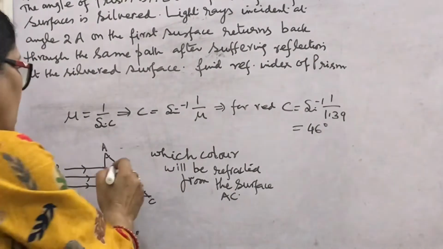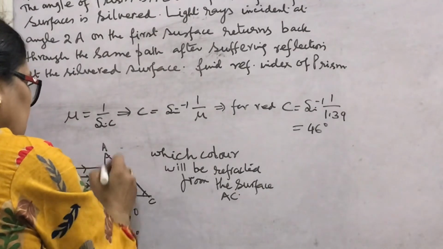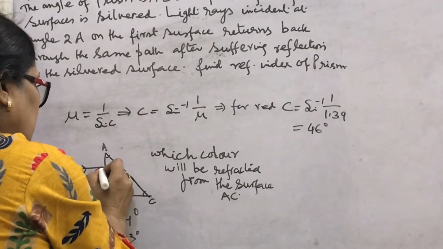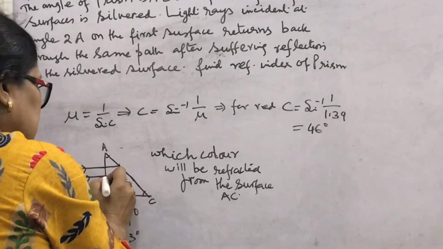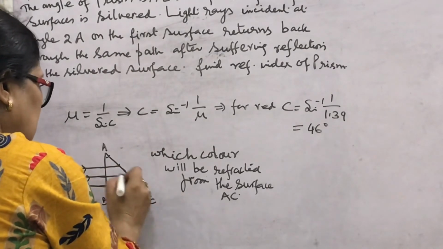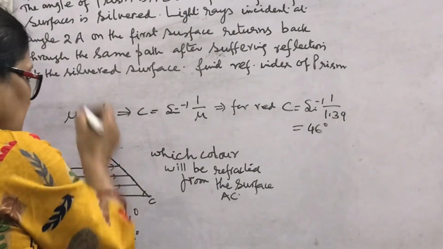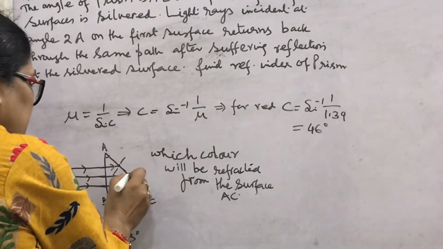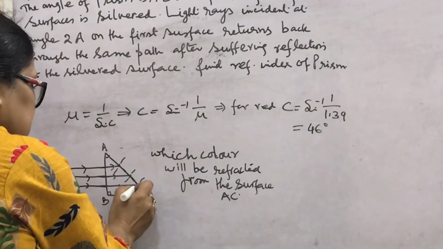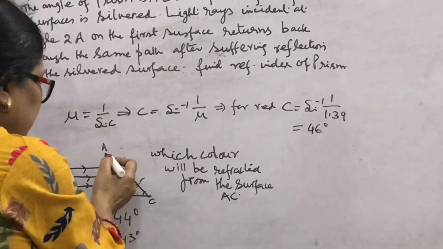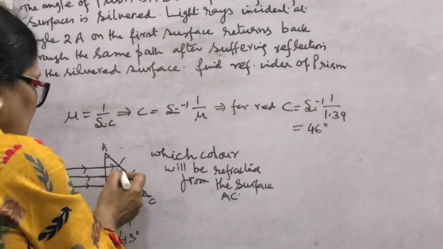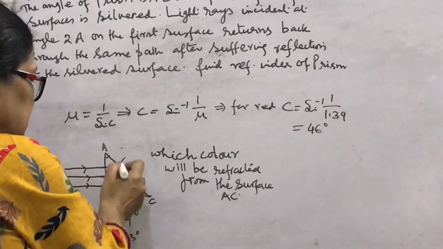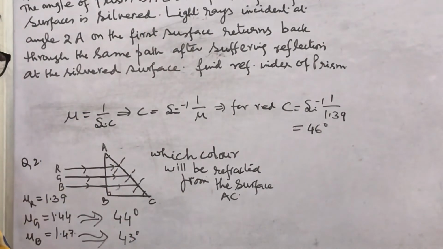Now what happens? All the rays are normal at the surface AB, so they will enter in the same straight way, and they all will strike the surface AC at what angle of incidence? Can you guess? This is 45, this is 90, so all are striking the surface AC at the angle of 45 degree.